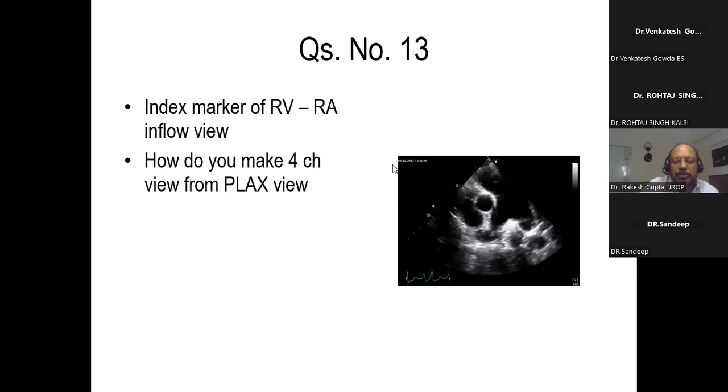As we tilt our transducer from the parasternal window towards the left shoulder, you'll get this pulmonic view. Otherwise, you can rotate your transducer 90 degrees and let the footprint look towards the left shoulder. This is the right pulmonic artery, this is the left pulmonic artery.